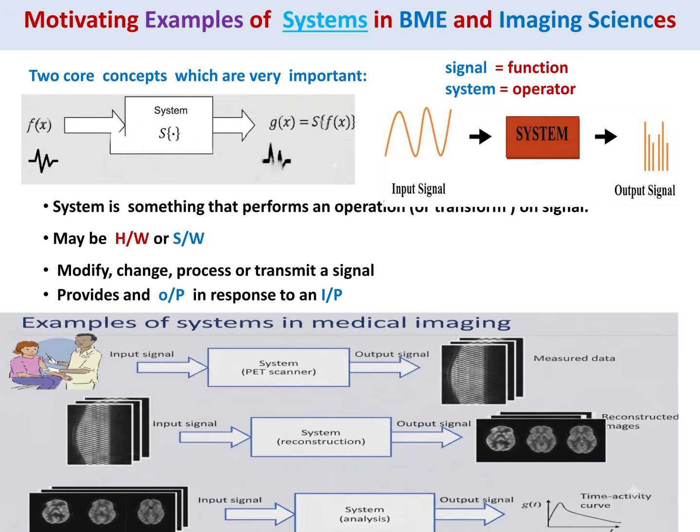The medical imaging example shows this idea in stages. The PET scanner acquires measured data, a reconstruction system converts that data into images, and an analysis system further processes the reconstructed images to obtain useful information, such as a time activity curve. Thus, a signal is a function, while a system is an operator acting on that function.